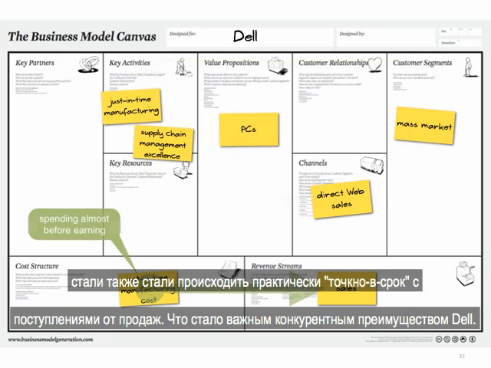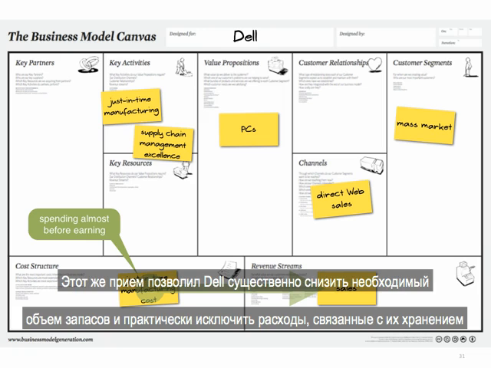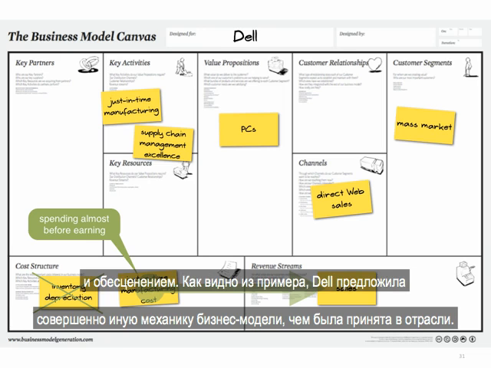Now this is very, very powerful because spending almost occurs before earning the money. And obviously on inventory costs, that has very positive influence as well, because your inventory depreciation goes down. So these are the business model mechanics that Dell put into place in an industry that worked in a very, very different fashion.